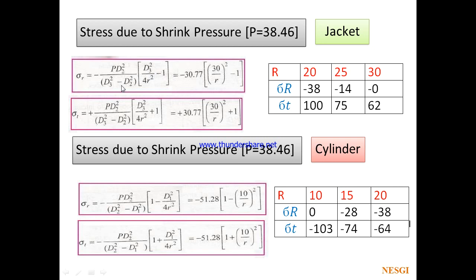Again substitute d1, d2, d3 and p values, and at different values of r, that is r equal to 20, 25 and 30, find the sigma r and sigma t values. So once you find sigma r and sigma t at different radii, this is due to shrinkage pressure.